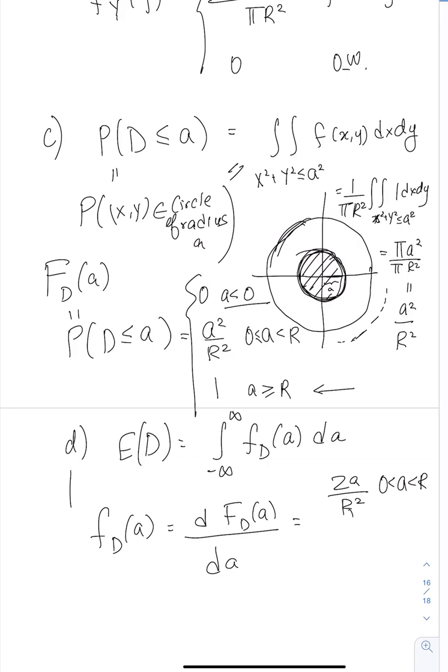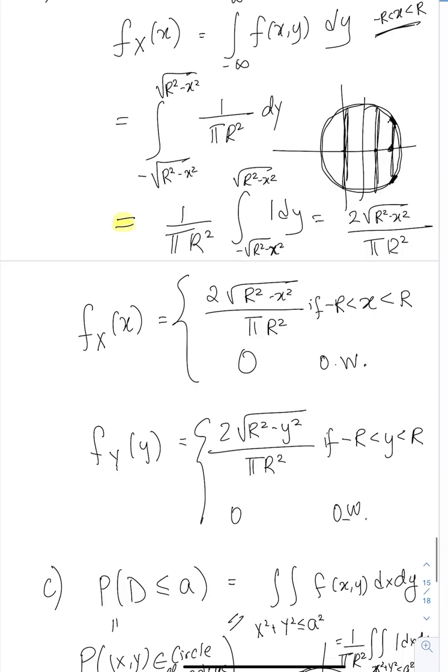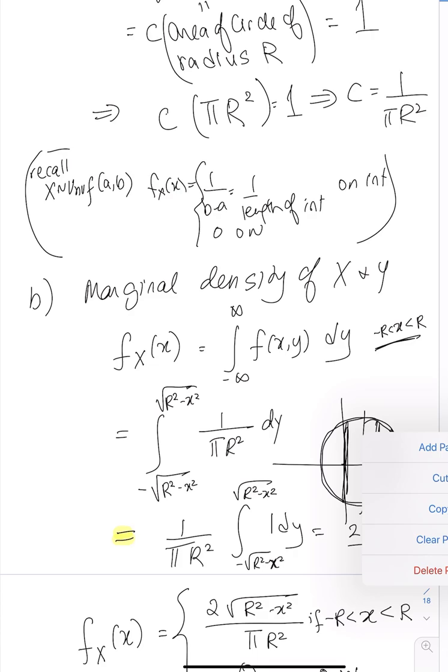And it's 1 if a is bigger than r, and between 0 and r, that's what you have. So when you differentiate it, you have 2a over r squared when a is between 0 and r. The derivative of 0 is 0, and the derivative of 1 is 0, so the density is 0 outside of that interval. So you just write 0 otherwise.